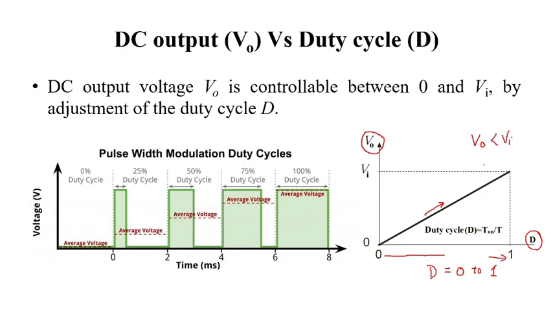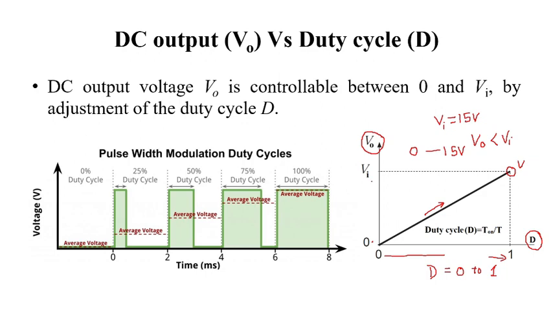So you can control the output voltage within this limit only, up to Vi. Suppose at the input you have applied 15 volts. Then you get an output voltage between 0 and 15 volts only.